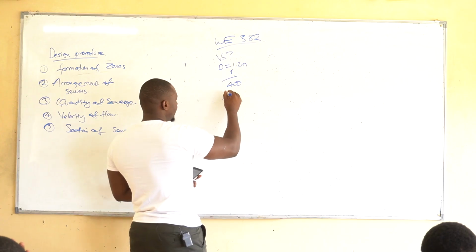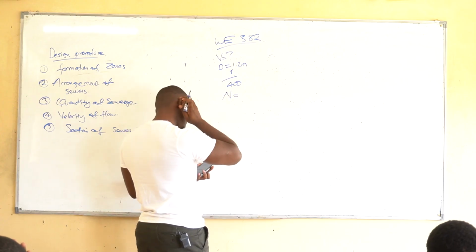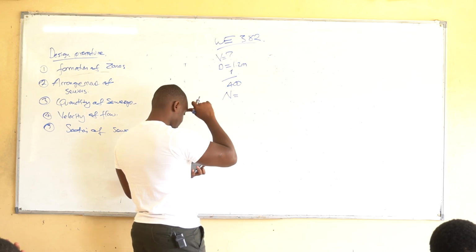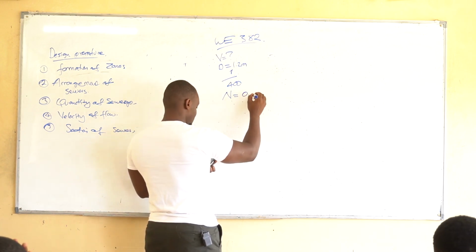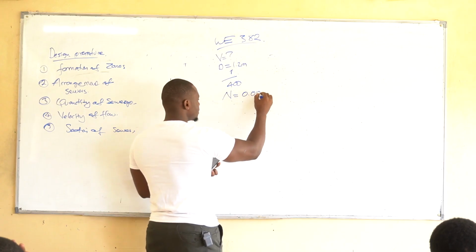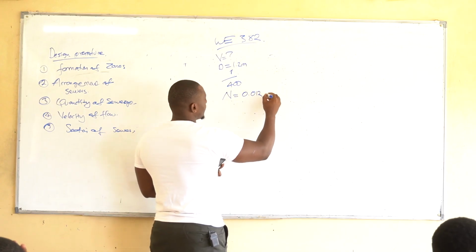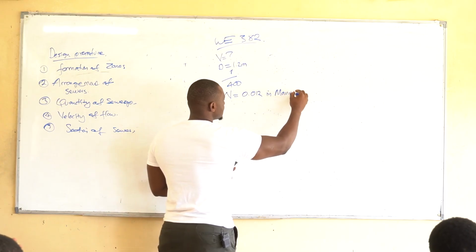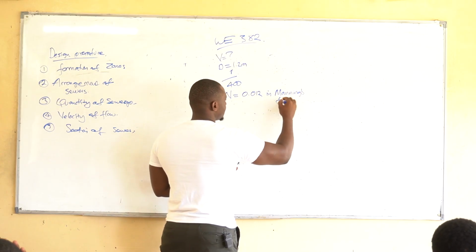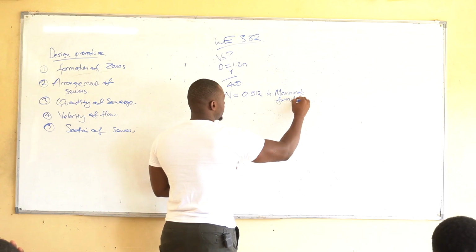Assume N, just capital N, is equal to 0.012 in Manning's formula.